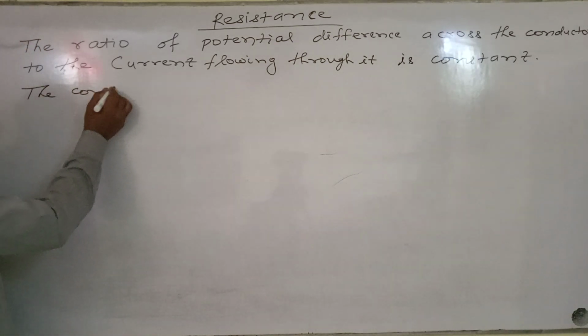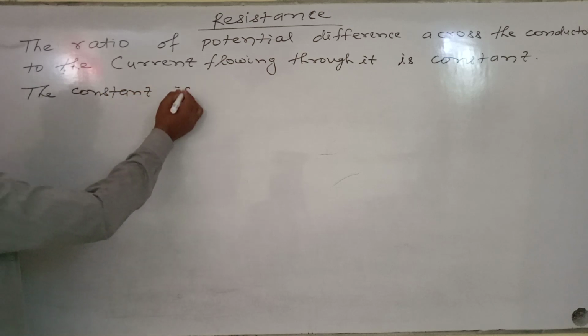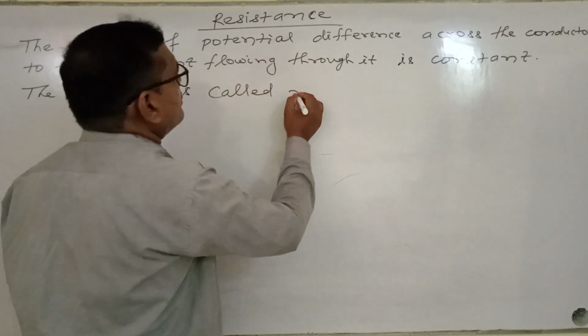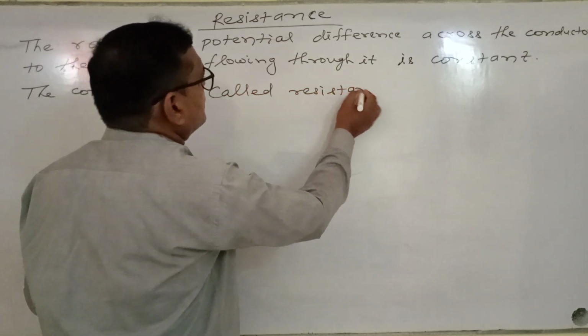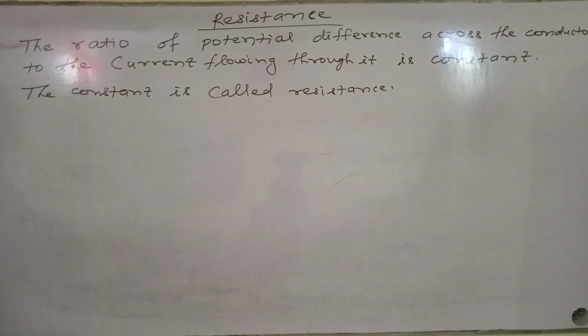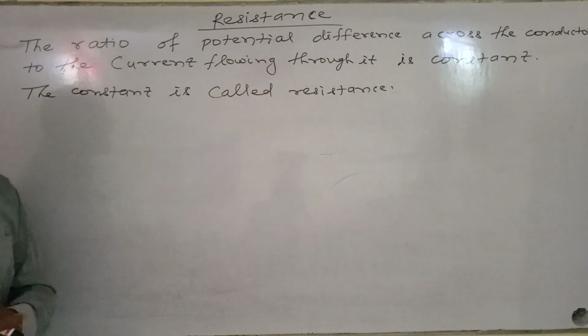The constant is called resistance. The ratio of potential difference across the conductor to the current flowing through it is constant.